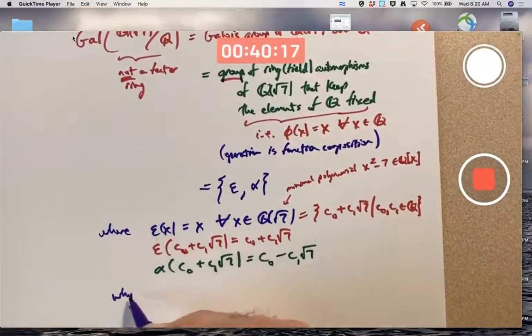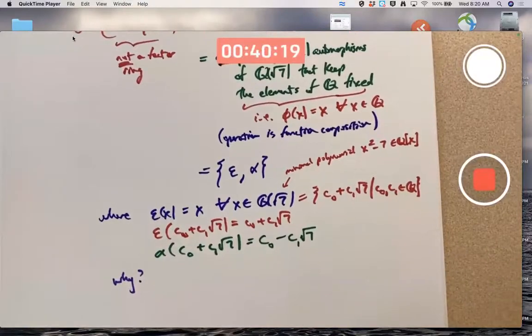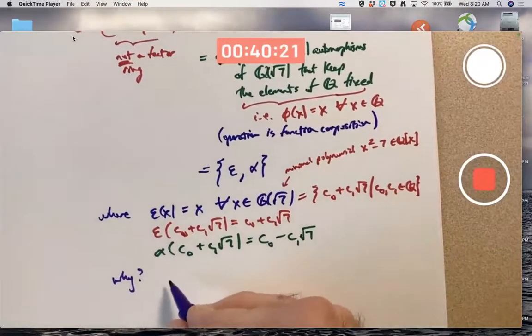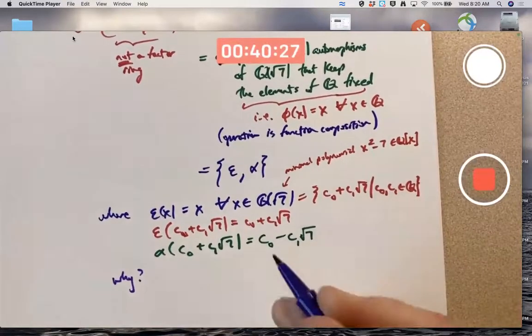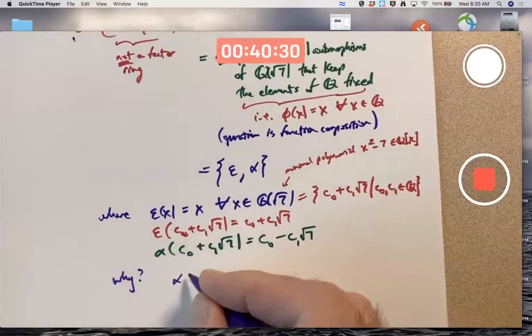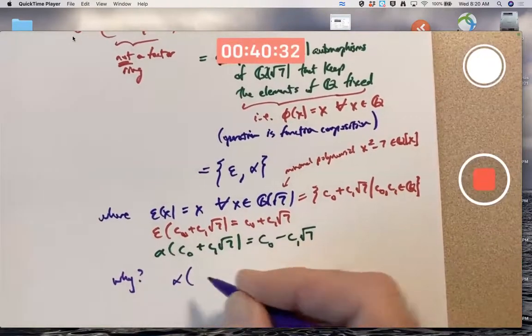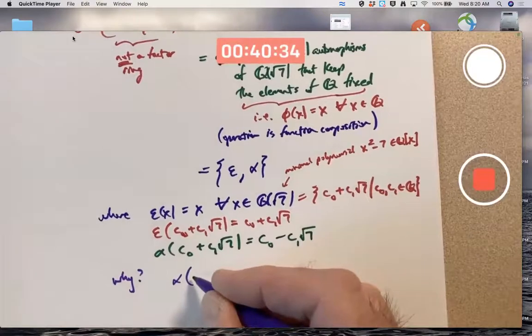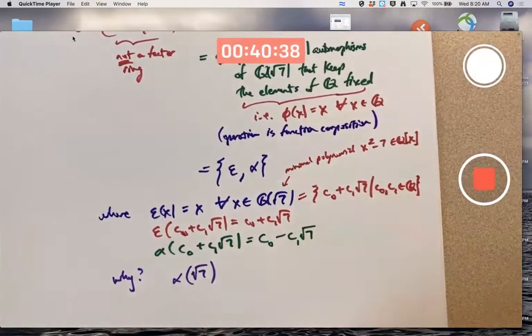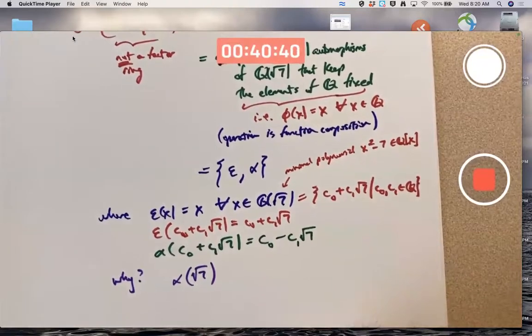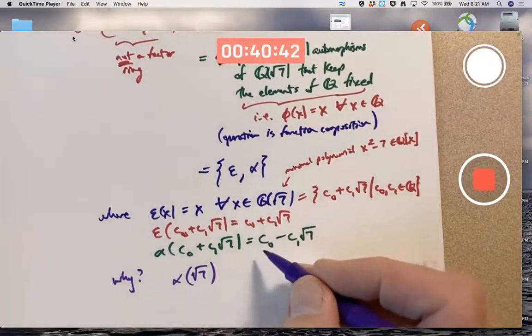Why? What should alpha of root 7 be in general? For a general automorphism, not necessarily this automorphism.